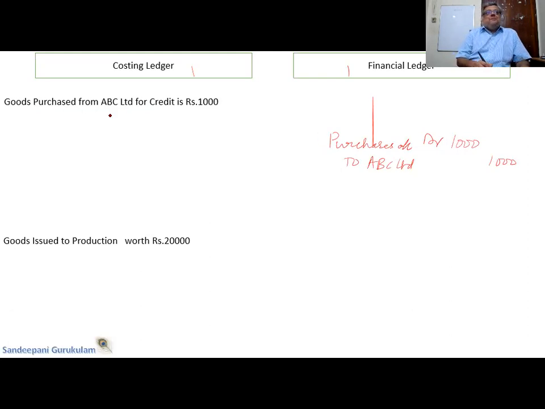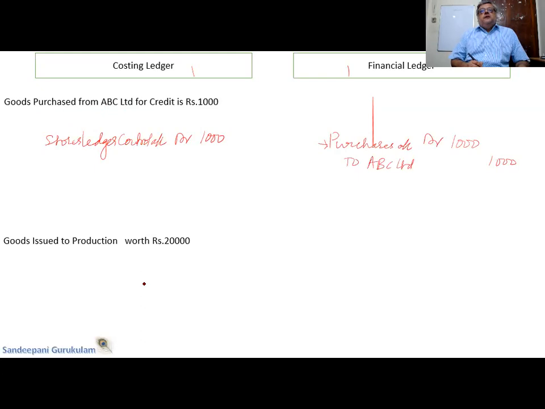How this is dealt with in the cost accounting ledger is, under purchases you are bringing together all the goods under the purchases category. Here you will be doing stores ledger control account debit 1,000.